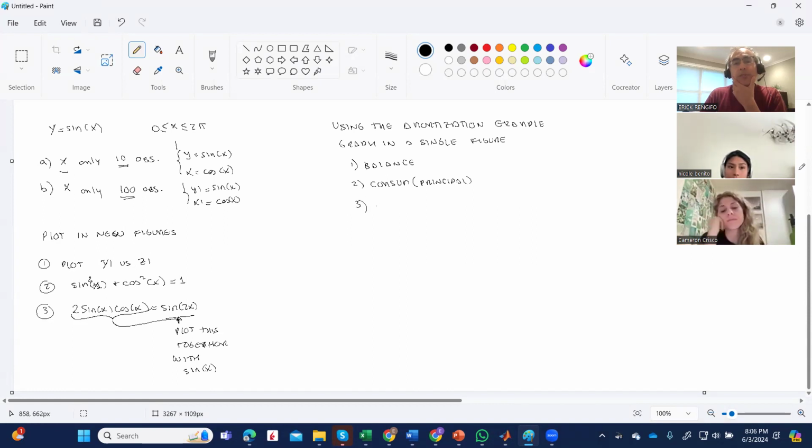All in the same graph. The cumulative sum of the interests. I have balance, principal, interests.